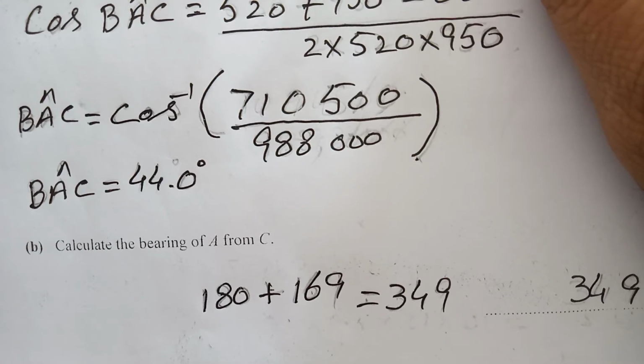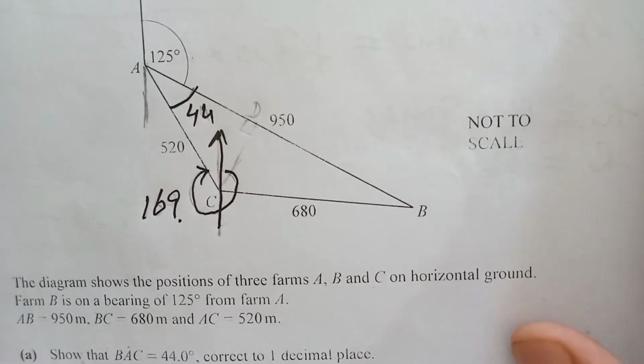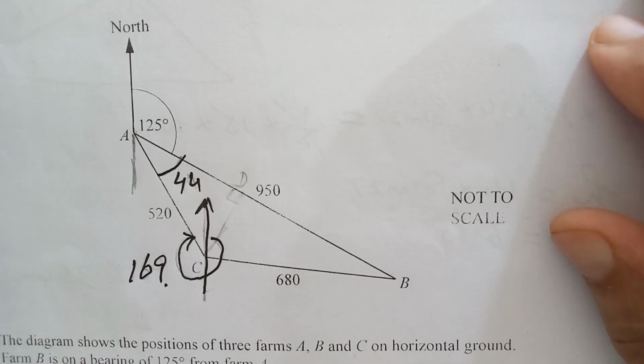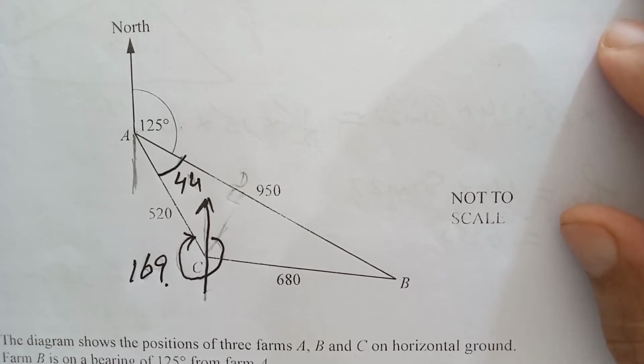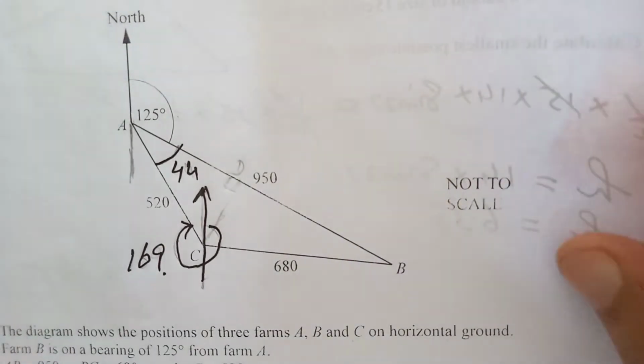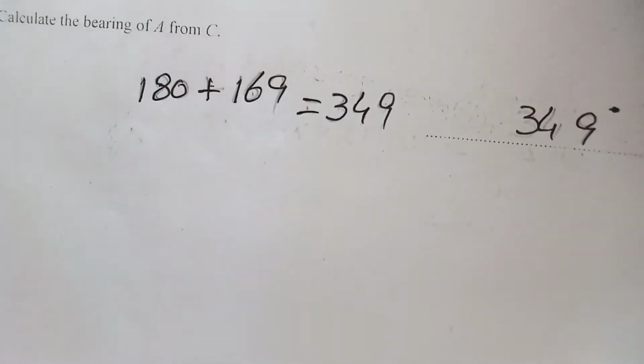Now calculate the bearing of A from C. So in this you can see the two lines, both the norths are parallel, so 125 plus 44 will be the alternate angle 169, 180 plus 169 will be the bearing, so the final answer will be 349 degrees.